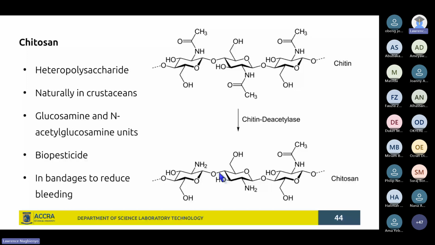That too you find in crustaceans, in their exoskeleton, like crabs, lobsters. And well, another application in which you find chitosan is that it is used as a biopesticide component.